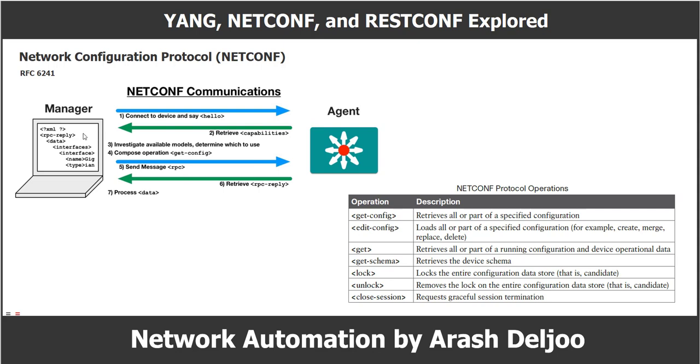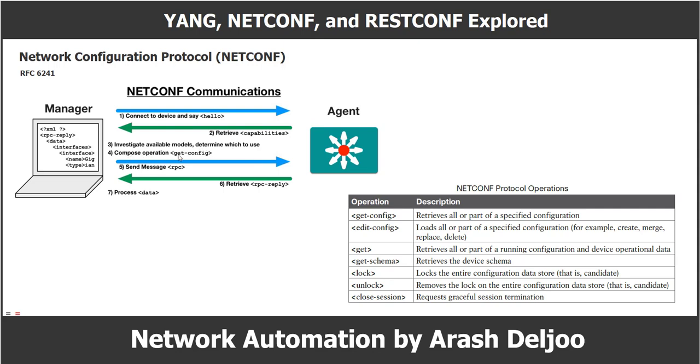In this example figure, you can see that the NETCONF communication starts from the manager to the agent, which connects to the device and says hello. You know that with hello we transfer some of the capabilities that we have, and retrieve capabilities. After that, investigate available models, determine which to use, and then compose operations.